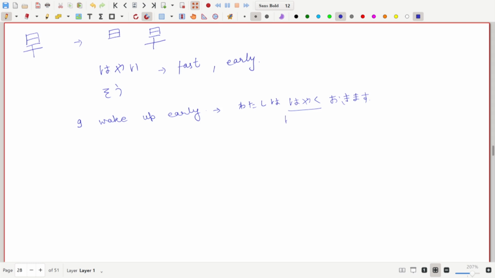Hayaku has come from hayai, and it is actually an adverb here, so we have cut e and added ku. So now it is hayaku. So hayai has changed as an adverb here.